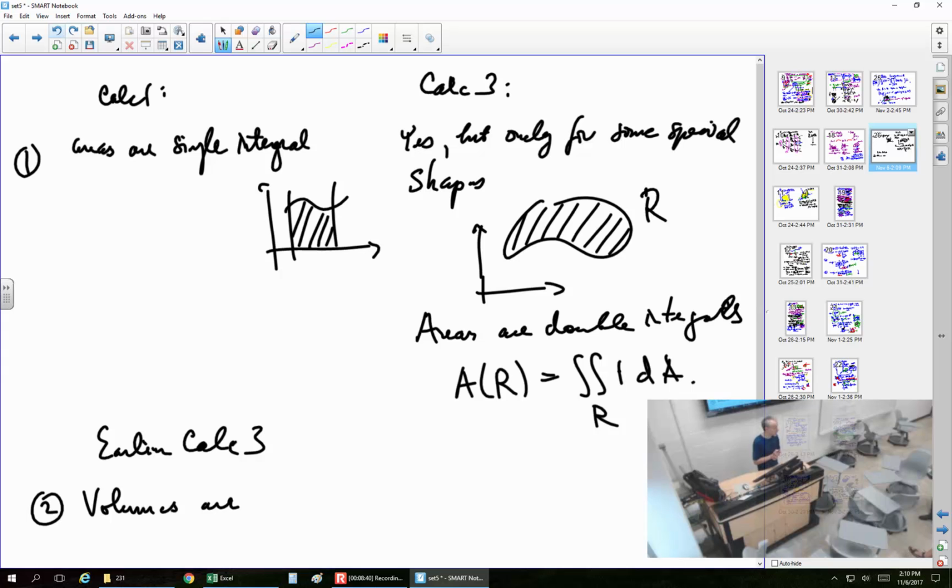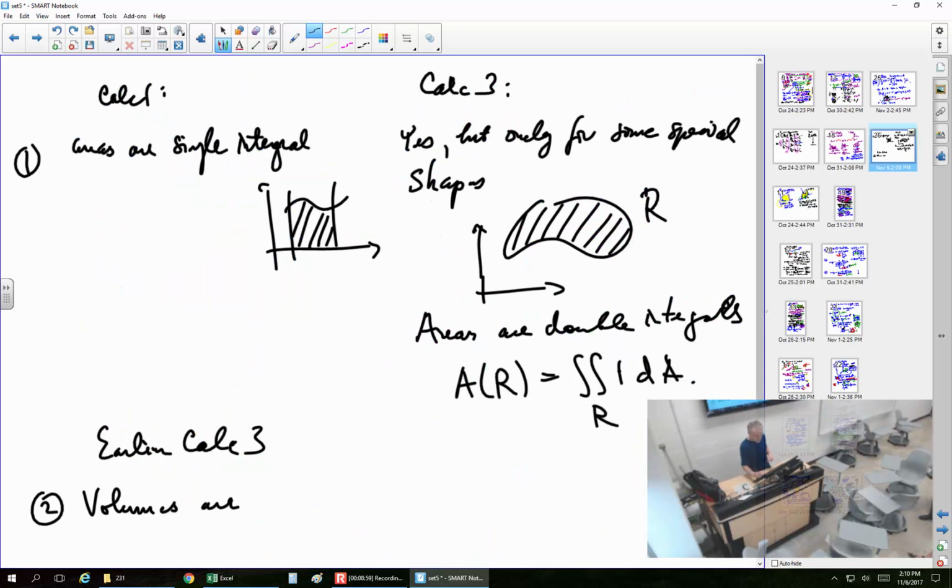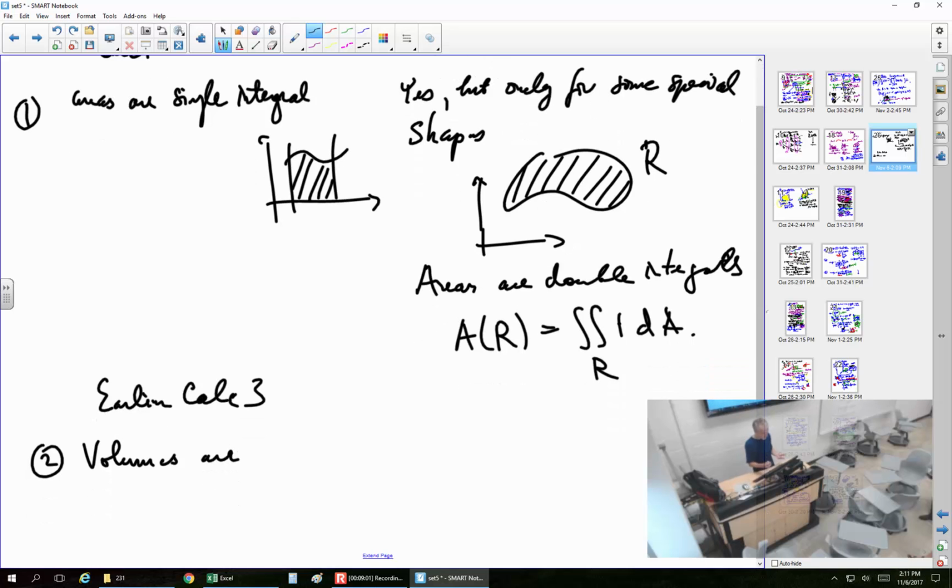In the example we just saw, the volume of a sphere was what? The way we have discussed them so far, as you can see, they have been double integrals. And now we make the next step, and we realize that they are triple integrals. So volumes are double integrals, or have been.